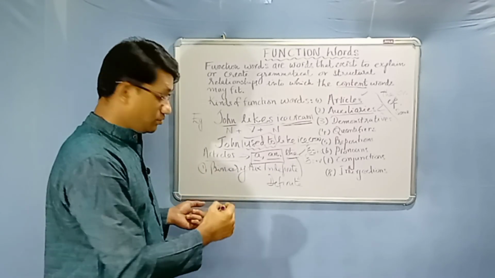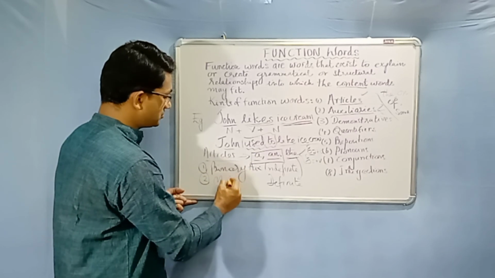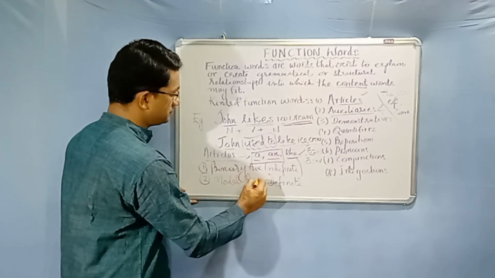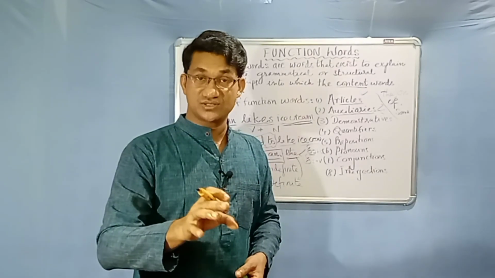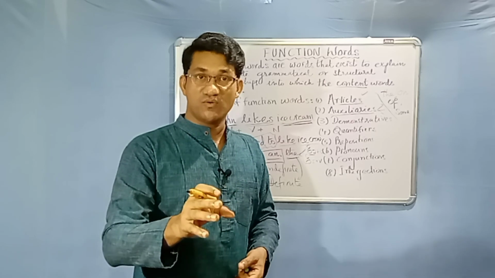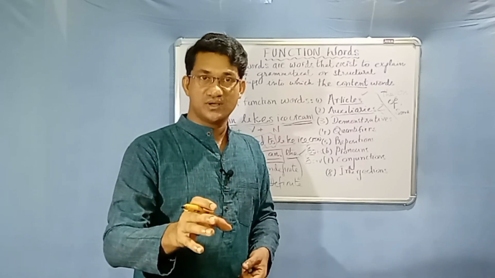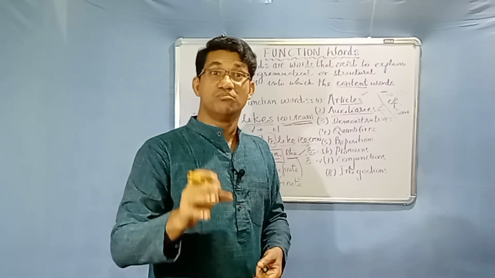The second group is what is known as modal auxiliary verbs. So understand, auxiliary verbs are known as helping verbs and they are divided into three. Number one, primary auxiliaries. Number two, modal auxiliaries.